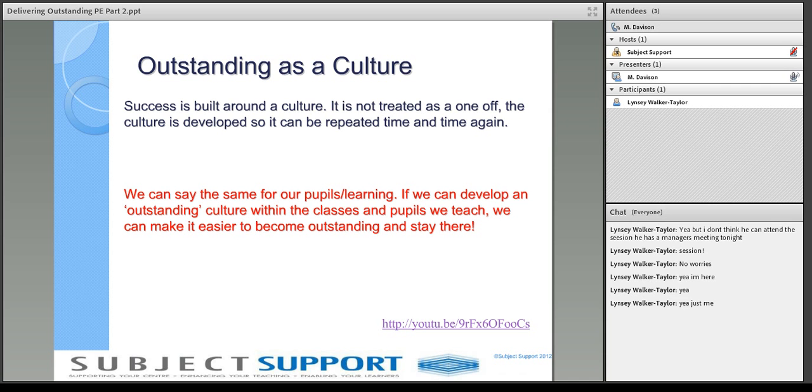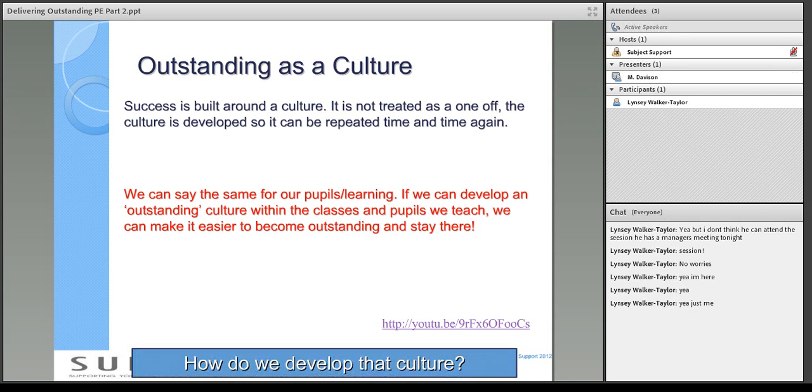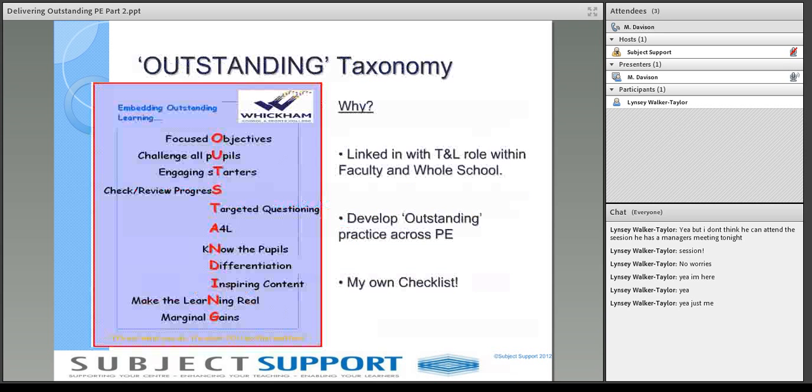One of the approaches that I have used to help me do this in my own lessons is to develop a checklist for outstanding. I call it my outstanding taxonomy. Why? Well, it was linked in with my teaching and learning role within the faculty and also as a whole school role, and it was one of the resources that formed the basis of our school learning taxonomy.